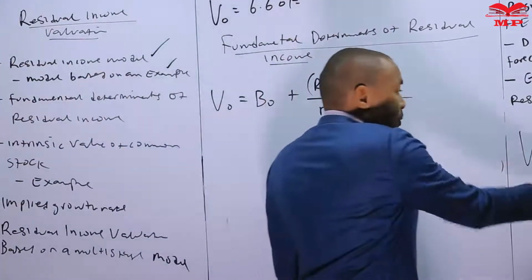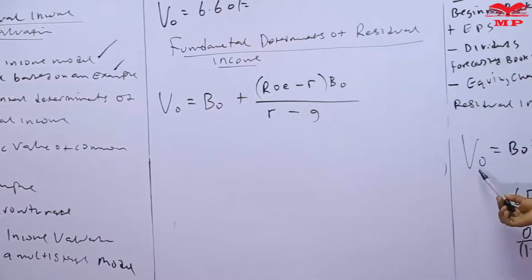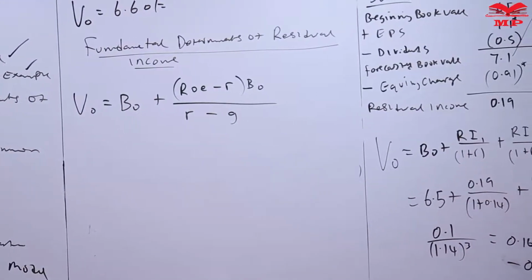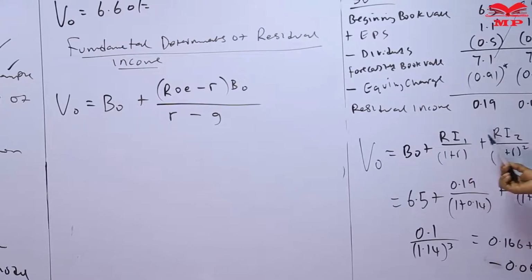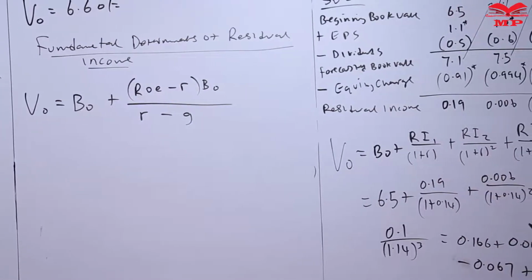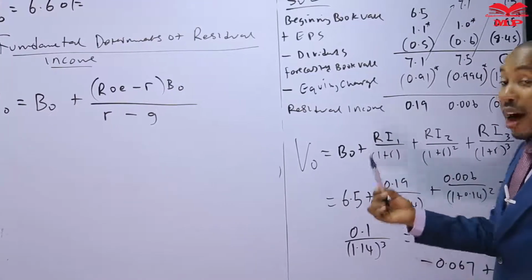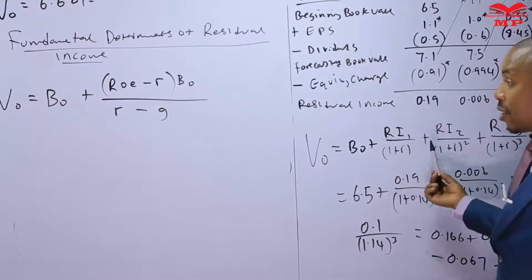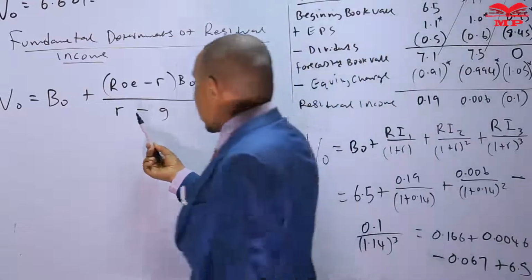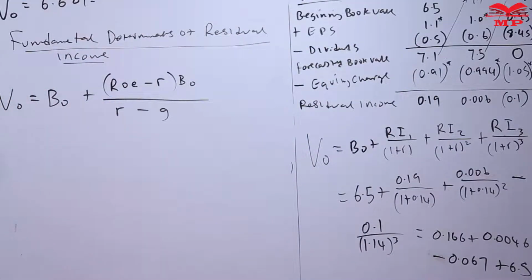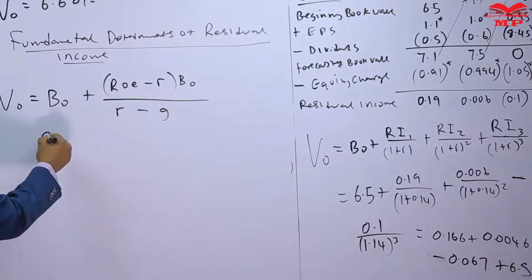Looking at this formula, the value is given as the beginning book value plus the present value of future residual income. So RI1, RI2, RI3. But now we are saying that the residual income will have a growth factor there. That is why growth rate is what we are going to factor in this equation right here.